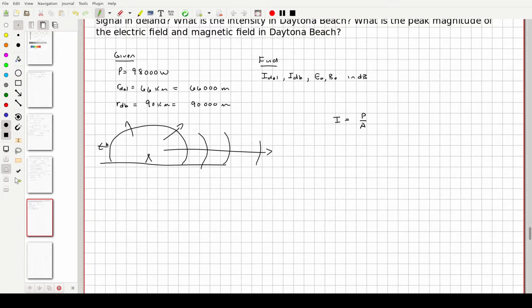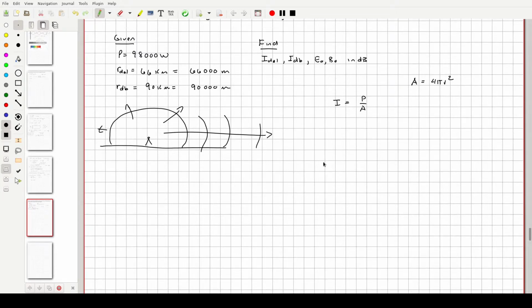And the area of a sphere is 4 pi r squared. Which means that if I want to find the intensity in DeLand, what I need to know is the power that this transmitter has, and I also need to know how far away from the transmitter I am.